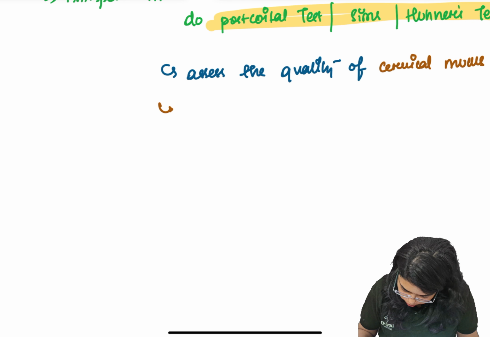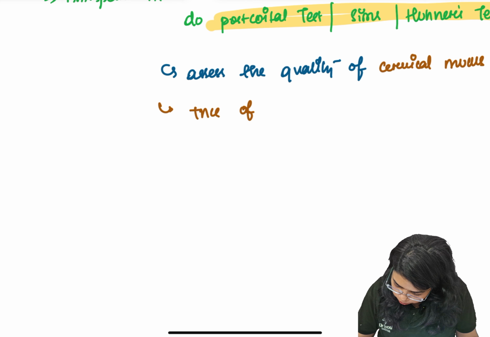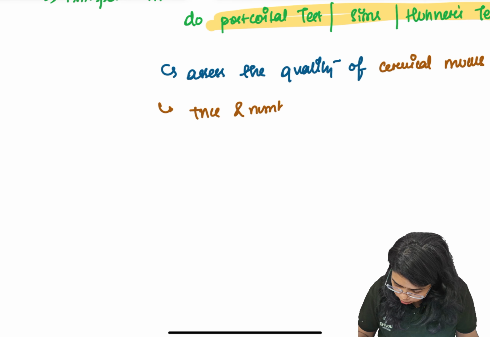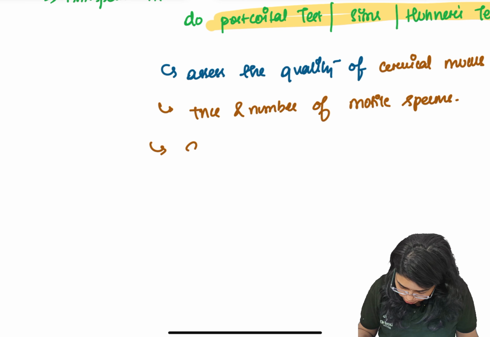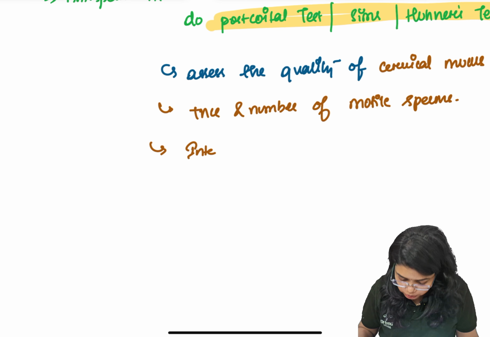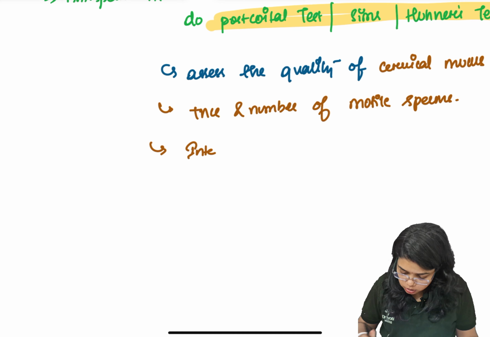and the presence and number of motile sperms, because motility is also a factor that helps in fertility, and also the interaction between the mucus and the sperms.